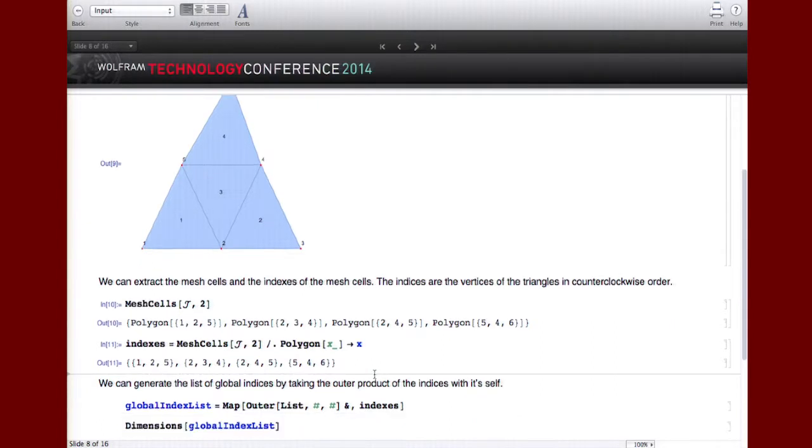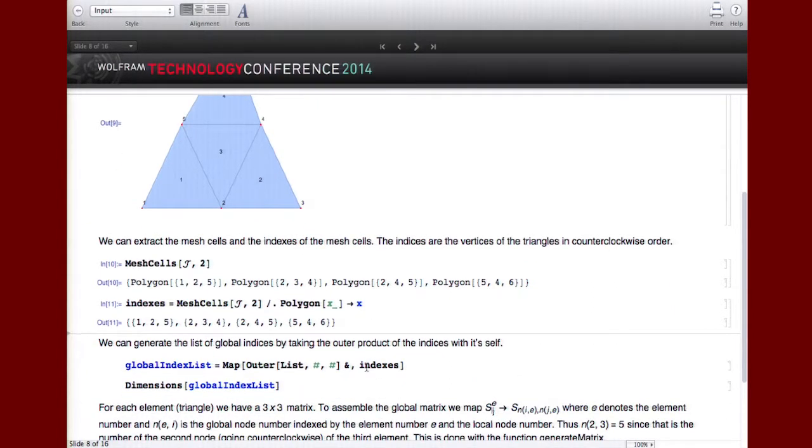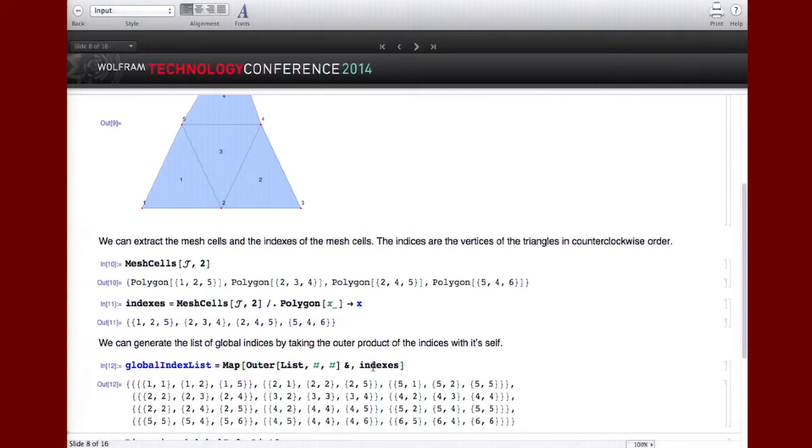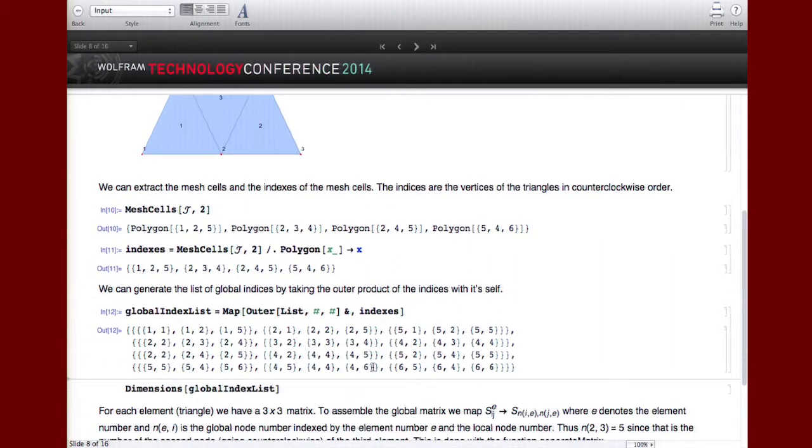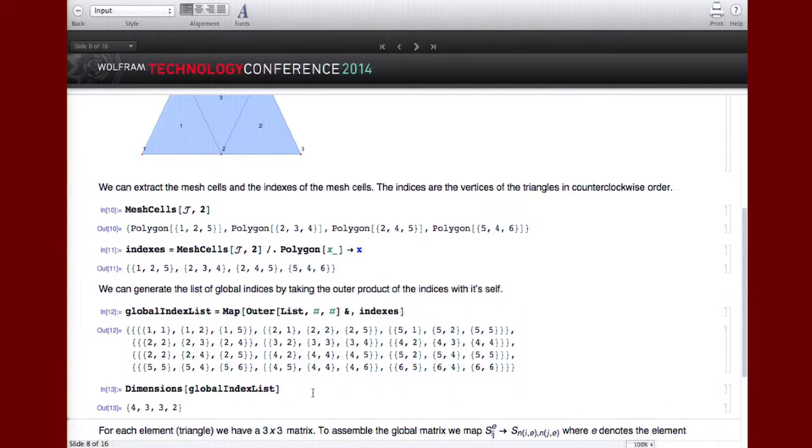I'll need a list of global indices, which I can get simply by taking the outer product of the indices. Then we should check the dimensions of that. The dimensions of the global are 4, because we've got 4 triangles, each of them 3 by 3.